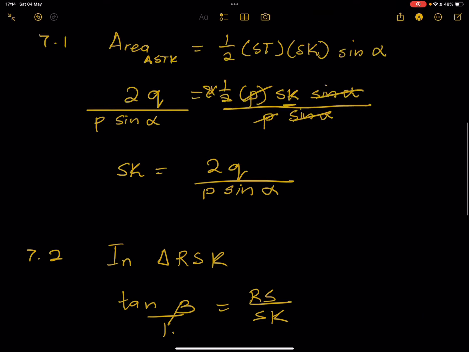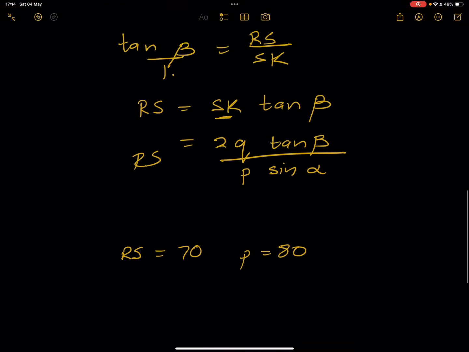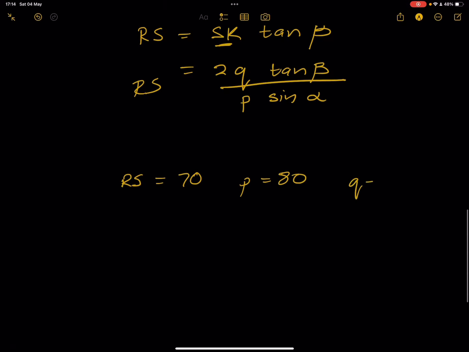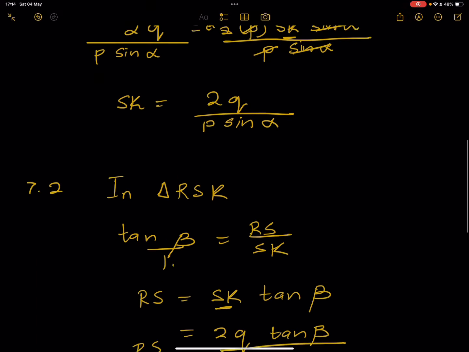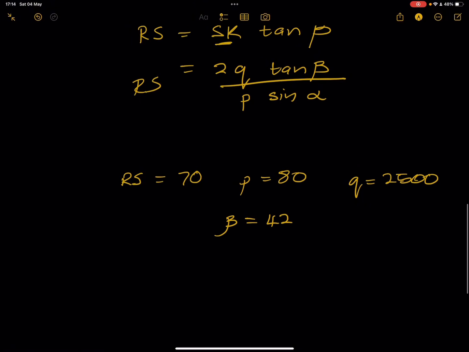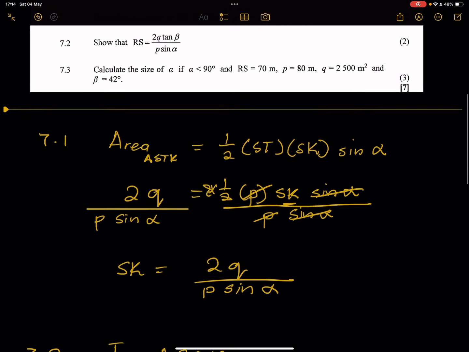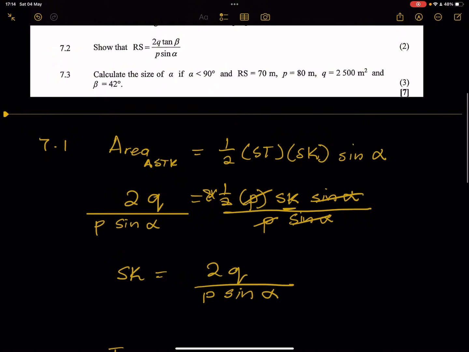And they've given us Q, remember that's the area, which is 2,500. Okay, and finally, they've also given us beta to be 42, right? And they want us to calculate the size of alpha. All right, so let's do that quickly.